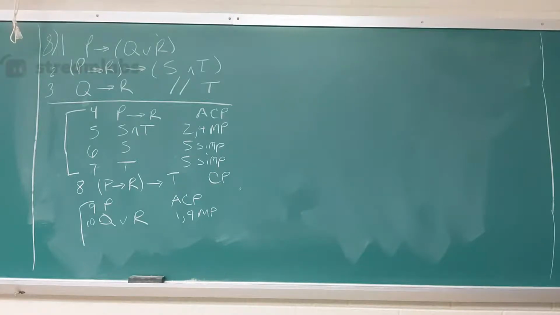Is this one written down correctly? P and Q are P and R. P and Q are P's and R's.